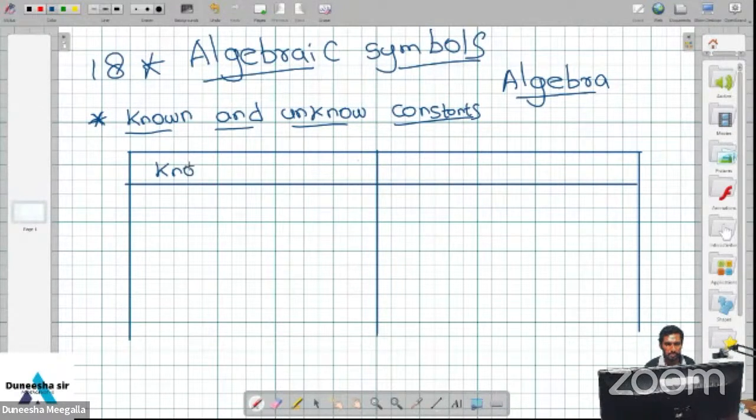Known constants, unknown constants. Known constants and unknown constants.